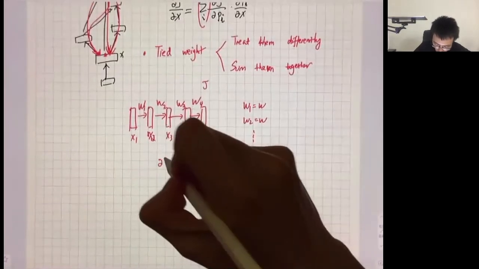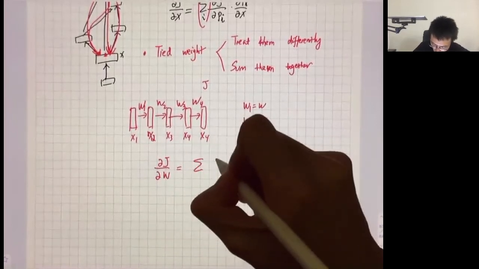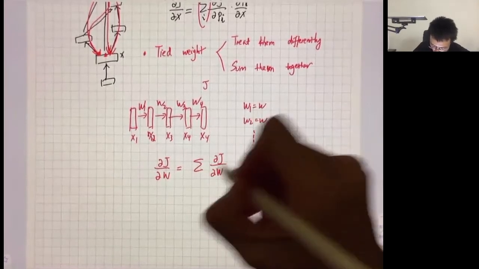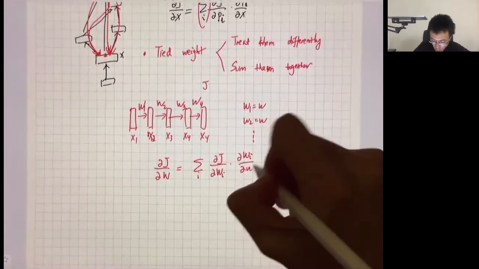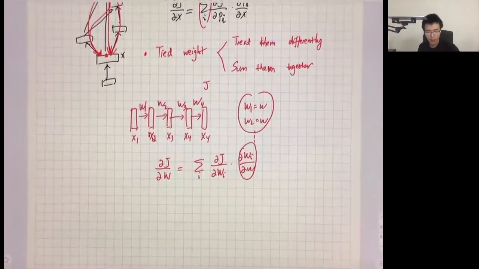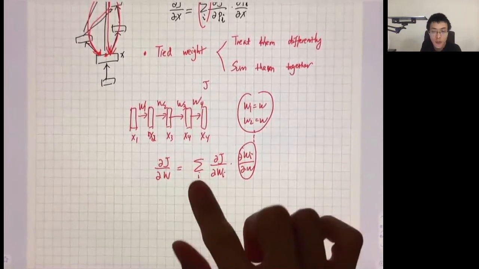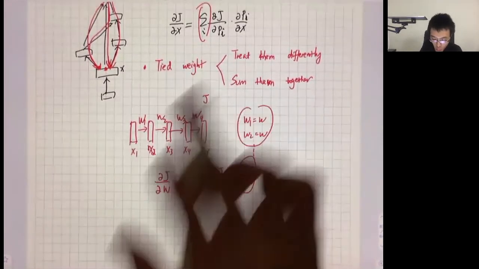Then the partial derivative of J with respect to my W is the summation over i of the partial derivative of J with respect to each Wi, times the partial derivative of Wi with respect to W, but this is one, or at least it's an identity matrix. Again, you are considering the total derivative, okay? So you just have the summation here. So this is the tied weights.